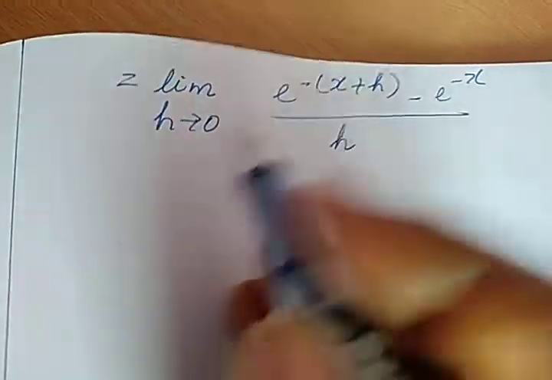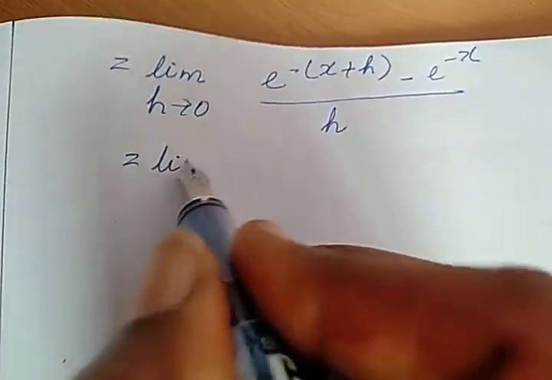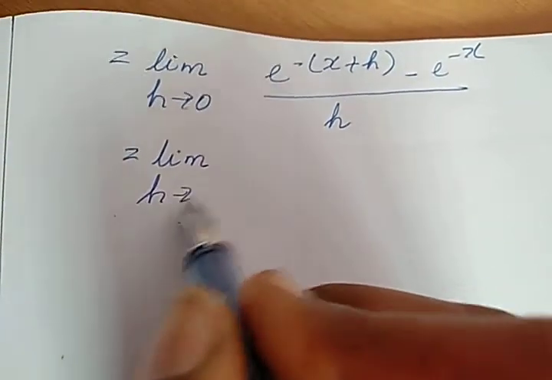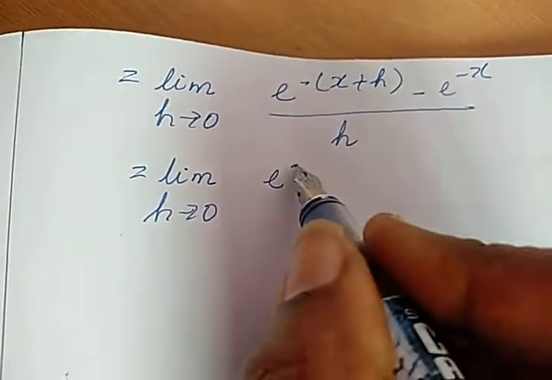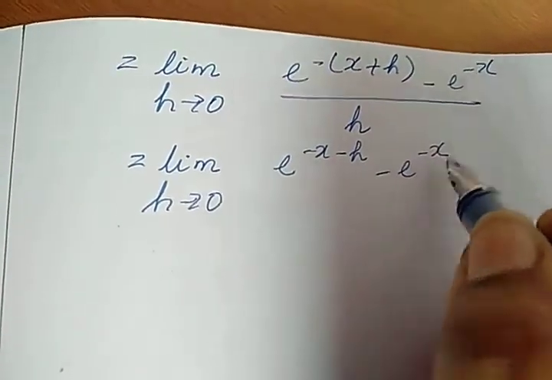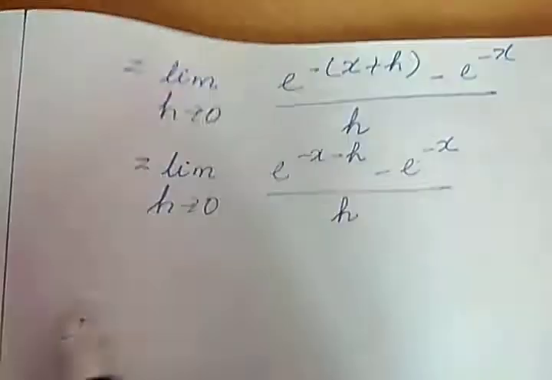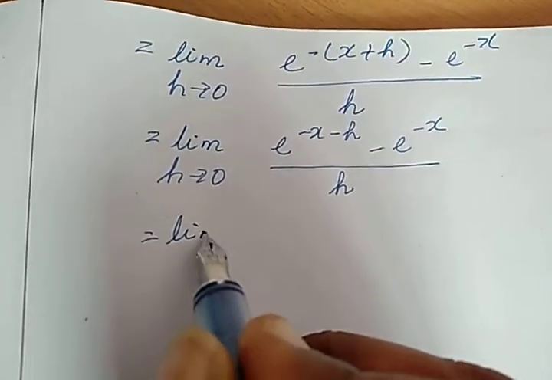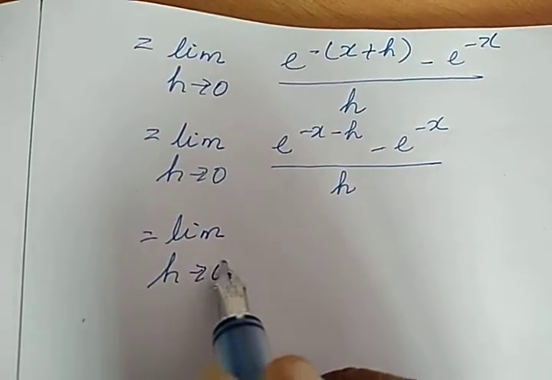Now take this minus inside the bracket, we will get limit h tends to 0, e to the power minus x minus h minus e to the power minus x the whole divided by h, equal to limit h tends to 0.